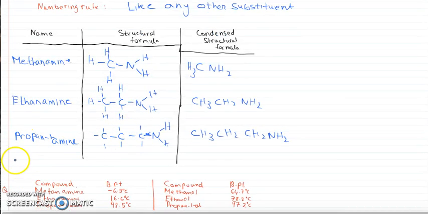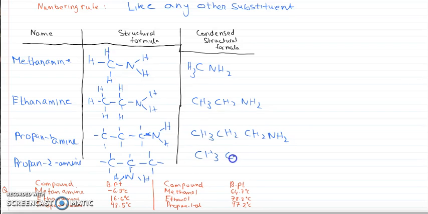The next one is propane-2-amine, which would be C, C, C, and then the NH2 group would be attached to the second carbon. Hydrogens on the rest.